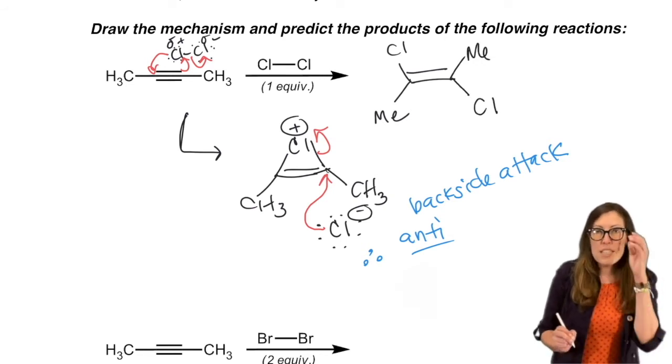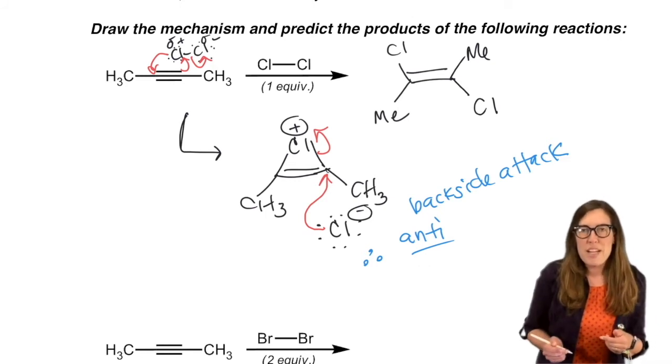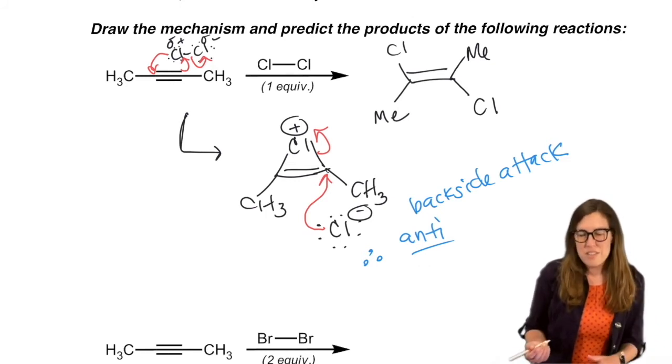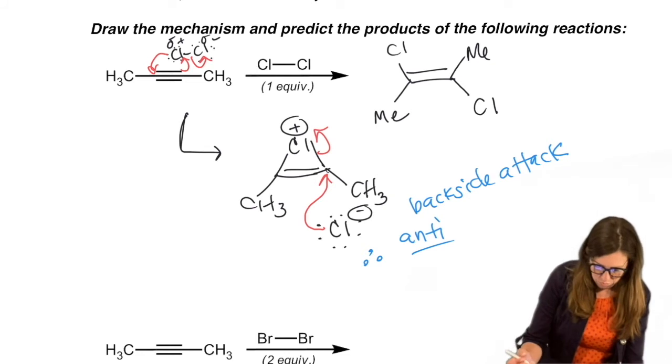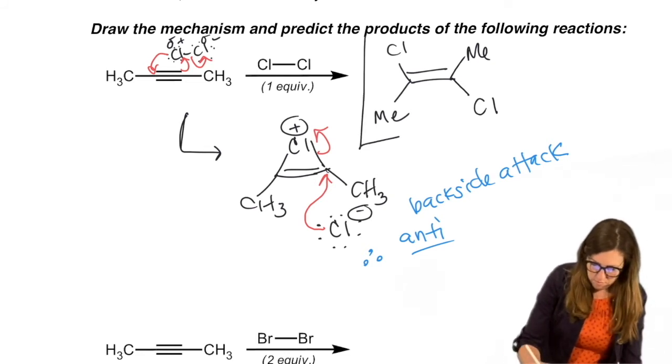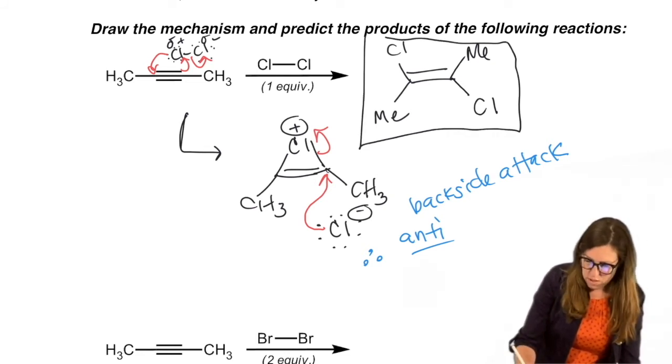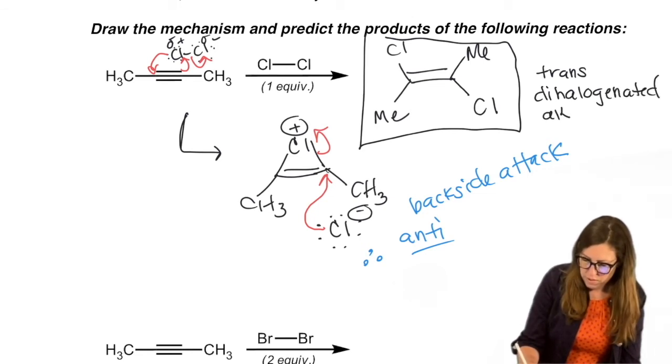So anti corresponds to trans, right? Trans chlorines. So trans dihalogenated alkene with only one equivalent, right?